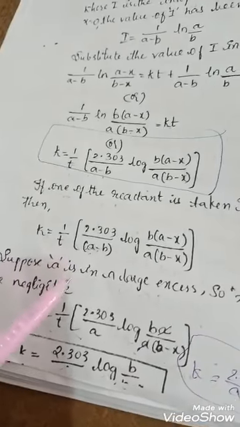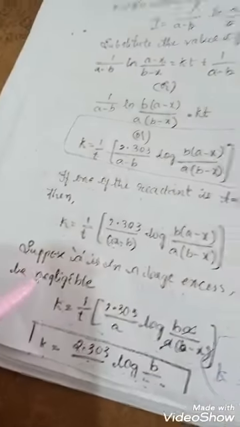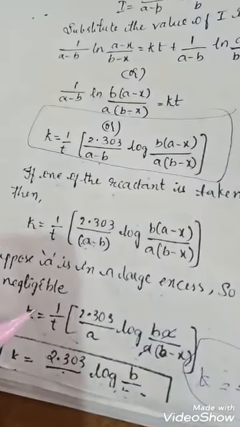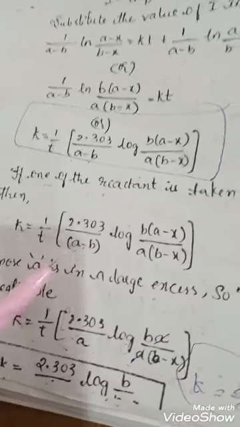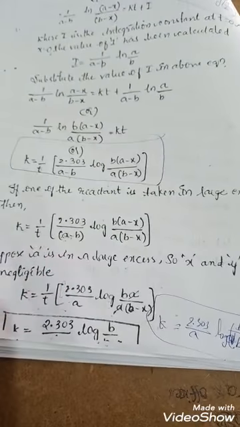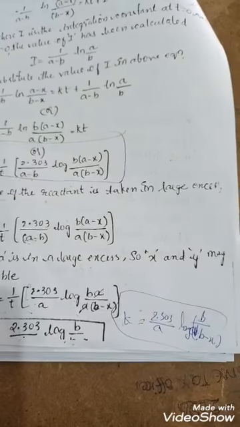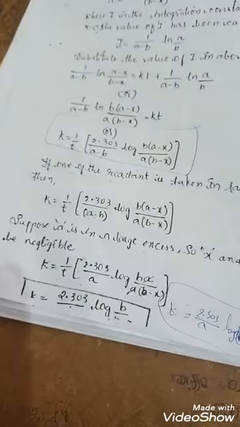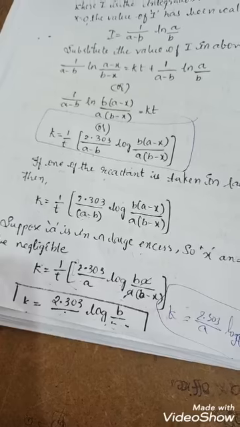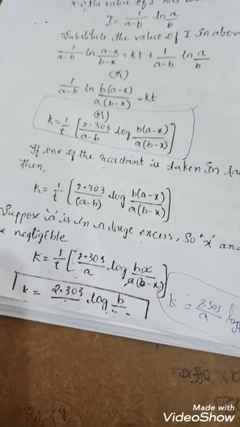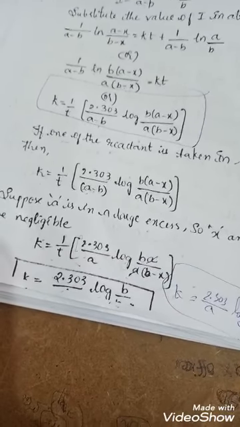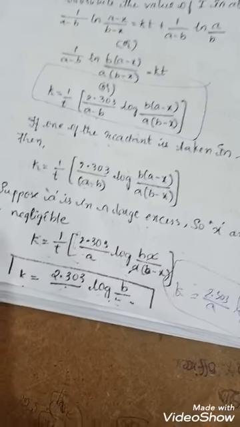Suppose a is in large excess, so x and b may be negligible. Large excess means a heavy amount. Why? Because a is in large excess, so x and b are in small amounts, and a small amount cannot bear the large amount. So these are negligible. k equal to 1 by t 2.303 by a log b a by a into b minus x.